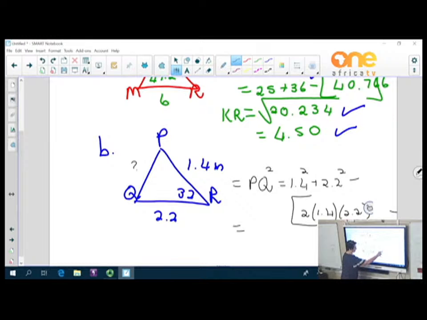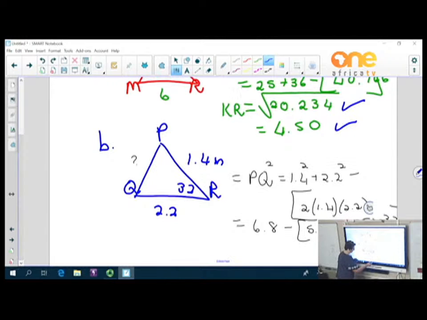So let's start there. 1.4 squared plus 2.2 squared is equal to, so I have 6.8 minus, now we're going to get this value here. It is then 2 times 1.4 times 2.2 cosine 32 is equal to, and I have here 5.2239.